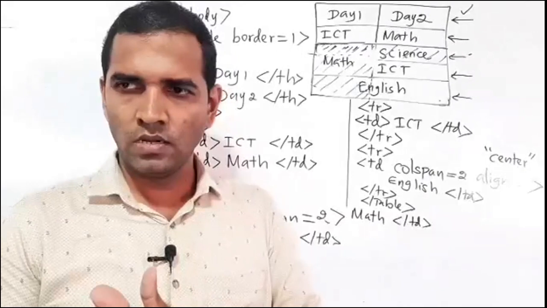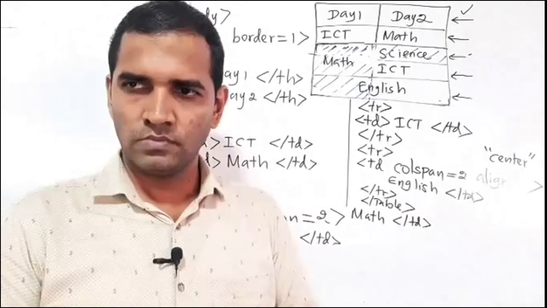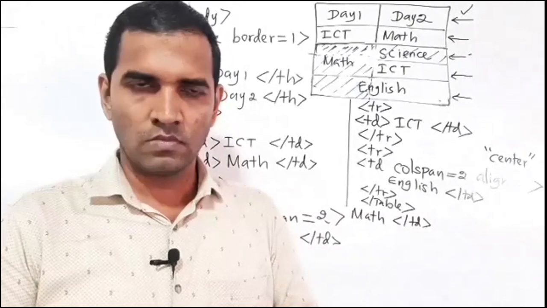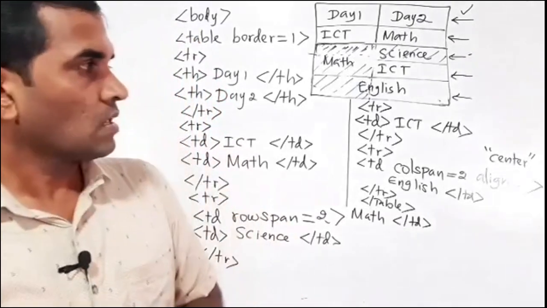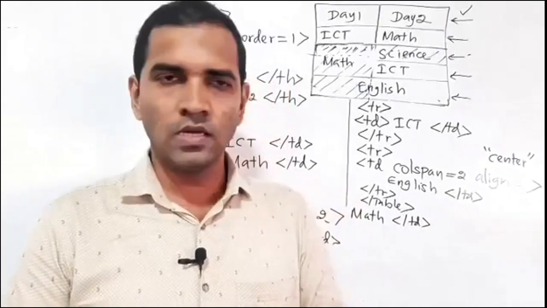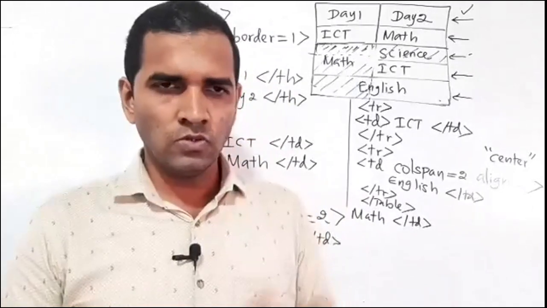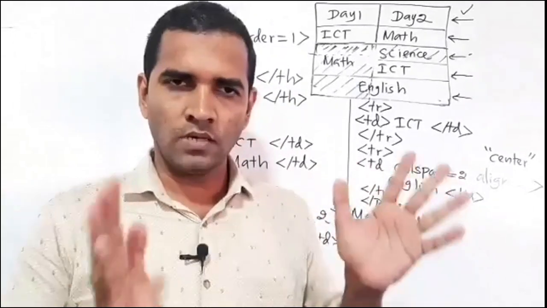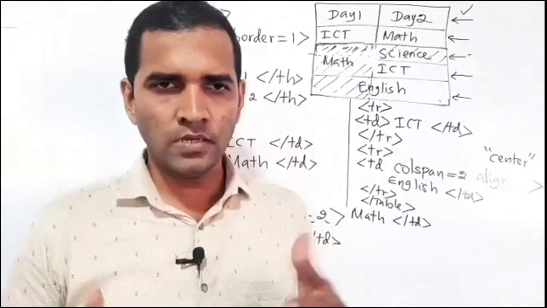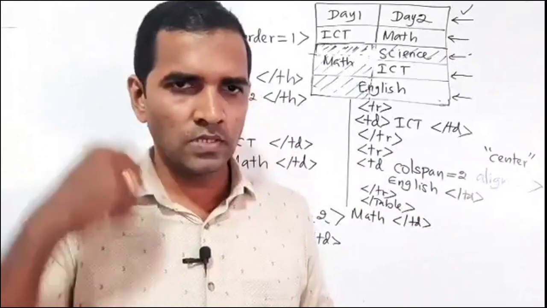So you all got the idea, right? Okay, it's fine. So since no questions are asked, I hope that you all got the idea, but please practice. So you don't need to memorize, right? HTML is something related to memory, because you need to remember or memorize the tags.